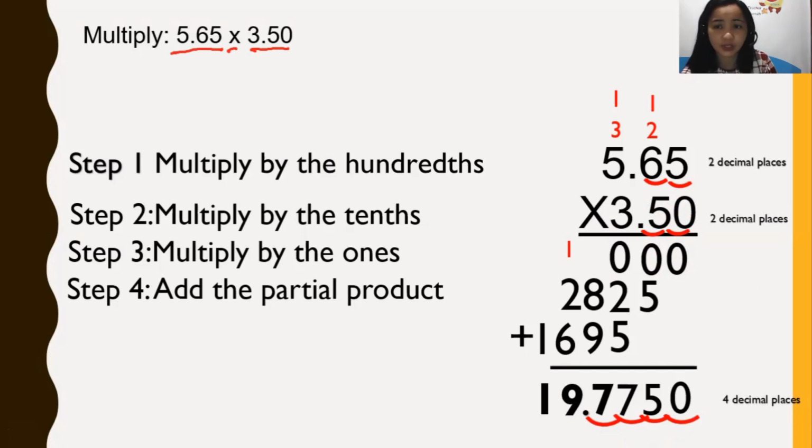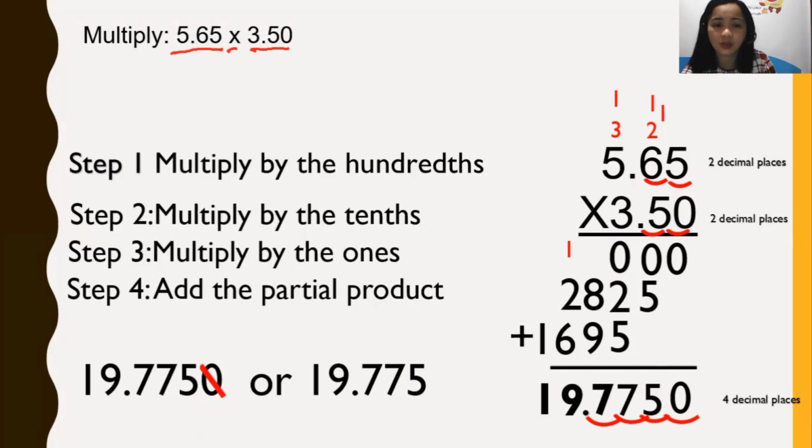Therefore, the answer is 19 and 7,750 10,000s. We have 19 and 7,750 thousandths, or we can remove the 0 here. We have 19 and 775 thousandths.